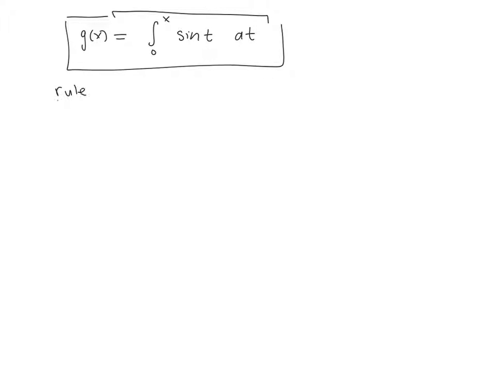The rule we had said g prime of x, the derivative of this thing, is the thing that weirds you out, because all you do is plug in what for t? x, and that's just equal to sine of x. That's the rule, right?